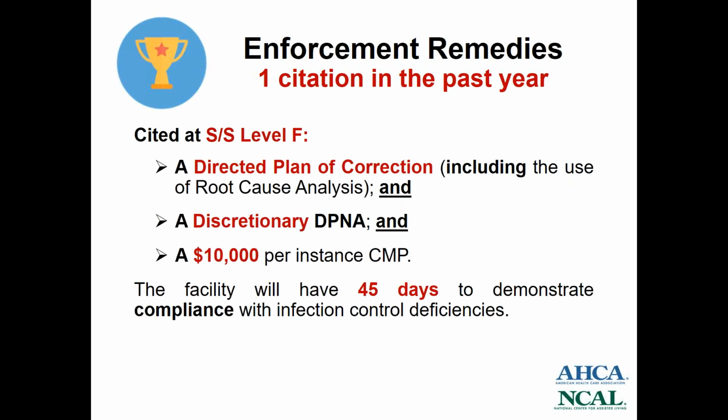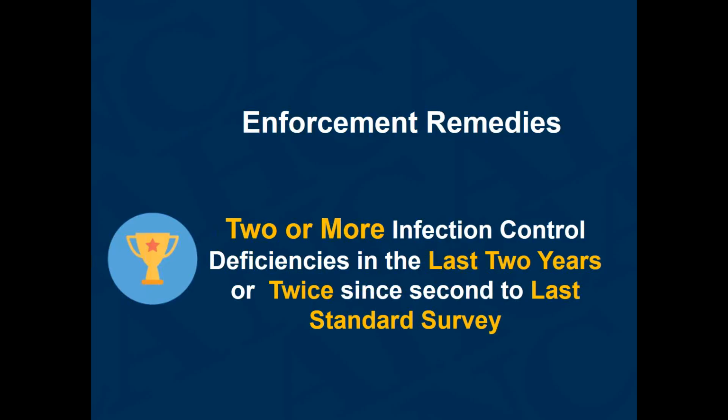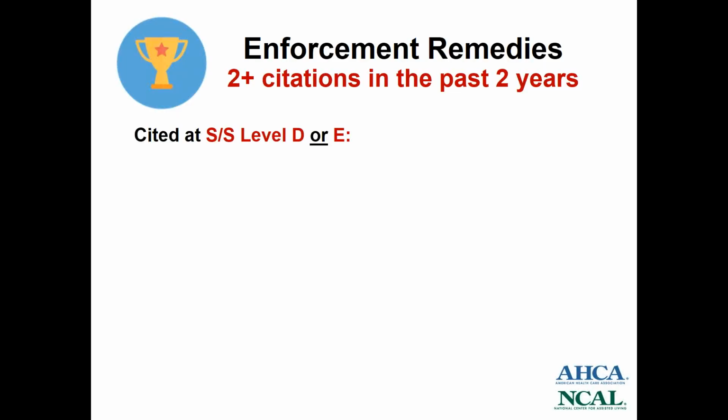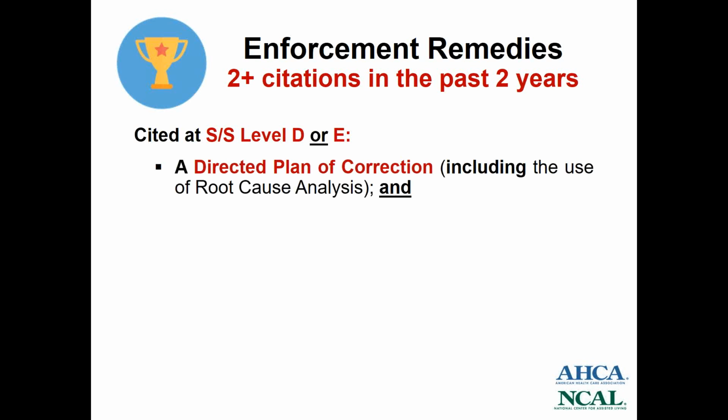Now what happens if in the past 2 years, you've had 2 or more infection control deficiencies? Now things take on an even more intense remedy. So let's look at that D and E level. At a D or E, if you've had 2 or more citations in the past 2 years, you're going to have your directed plan of correction. You're going to have that discretionary DPNA. But now there's a little bit of a twist.